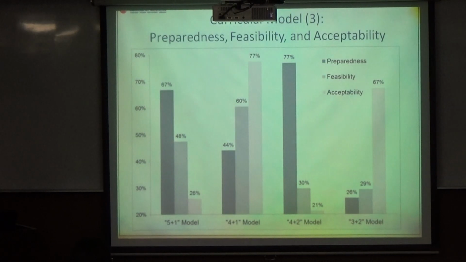One of the questions they asked in the survey was, depending on these different types of programs, which do you think will make the resident more prepared for practice, which is more feasible, which is more acceptable? You can see that for the 6-year programs, the preparedness is much higher compared to this 5-year program. The preparedness is way down here, 26%. The 4+2 model in terms of preparedness is the highest.